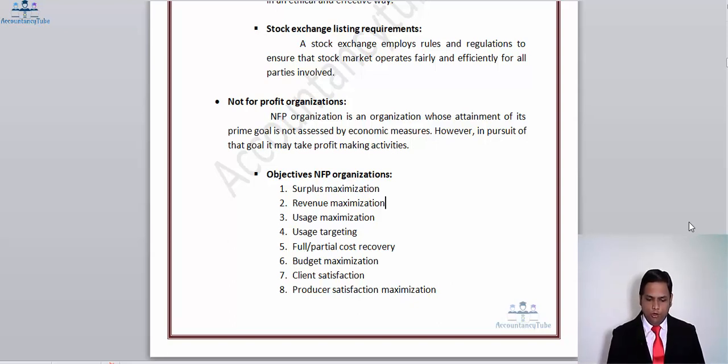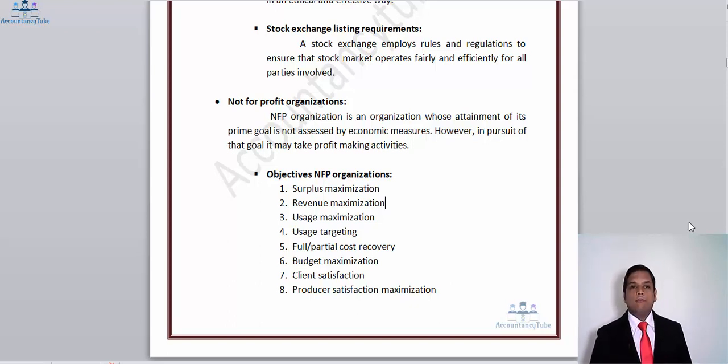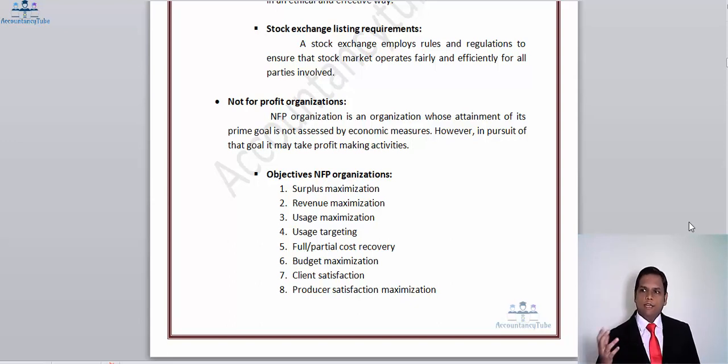After that, we have full or partial cost recovery. If the funds are being provided as a loan, for example, some students can afford education and some can't. If they are lacking slightly, instead of giving them funds free, it's best if we can earn a small amount from them so we can get somewhat back the return which we are investing.